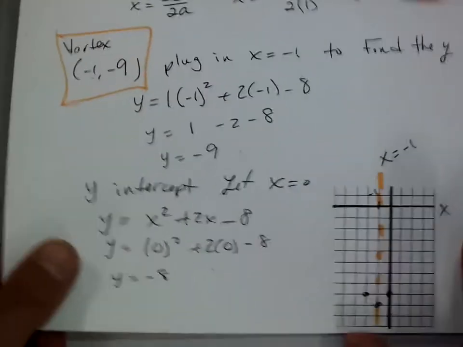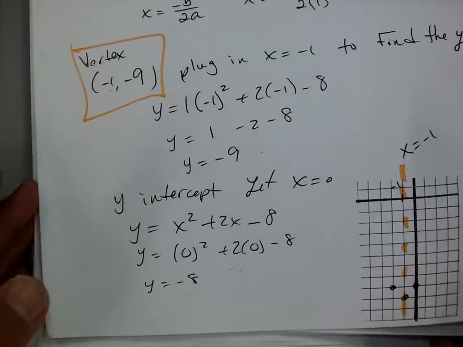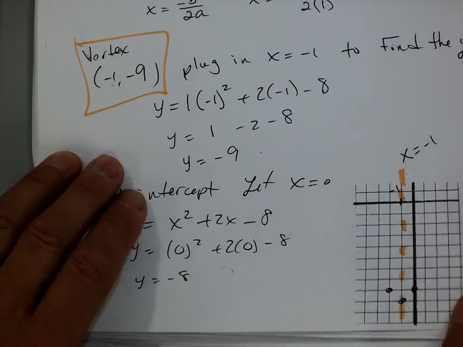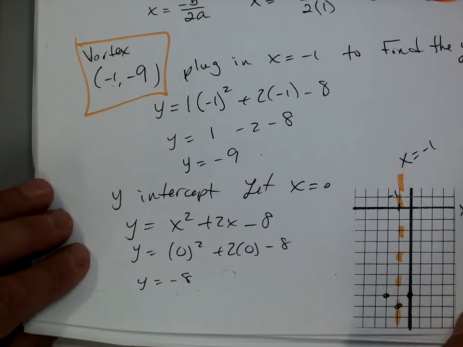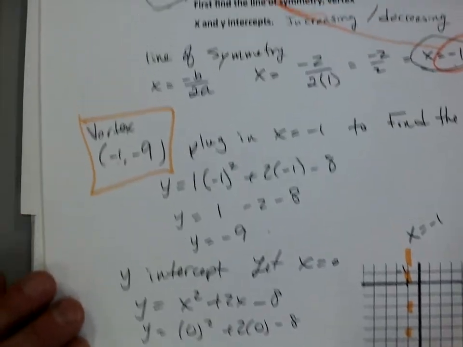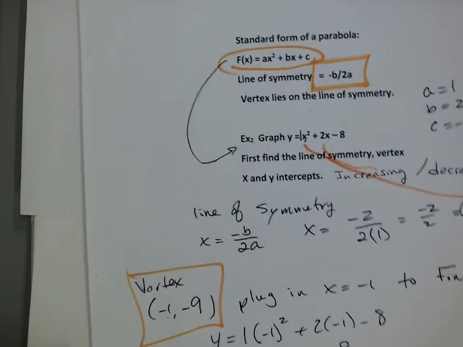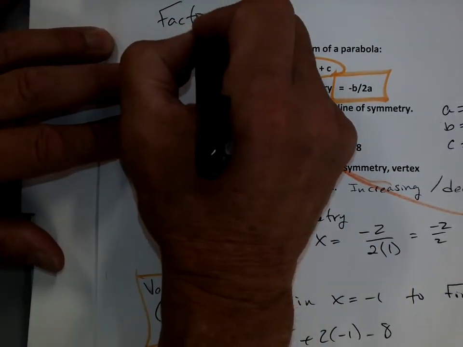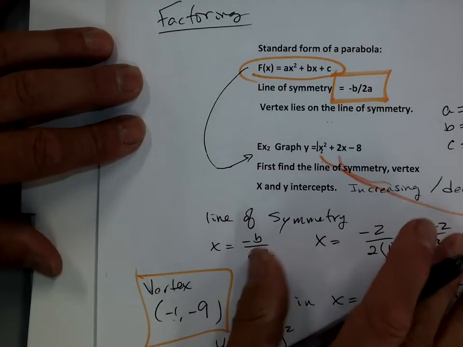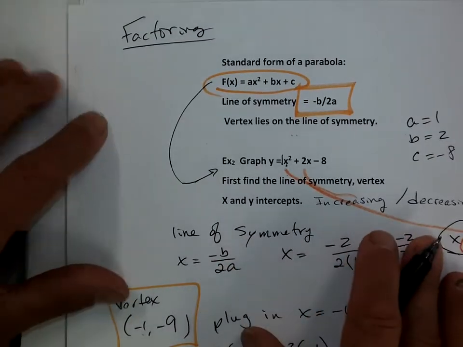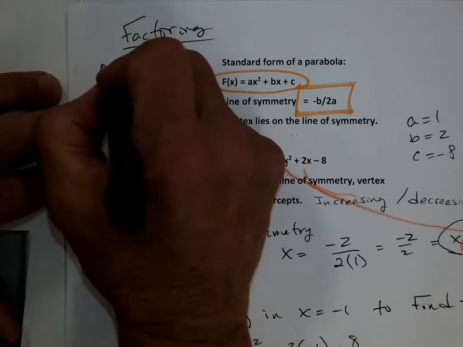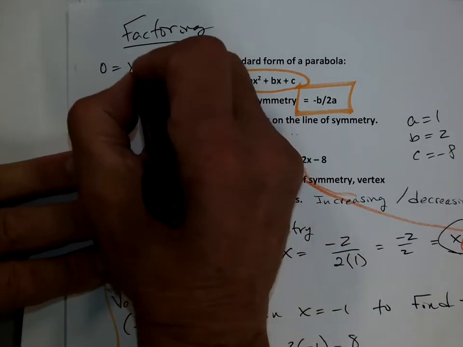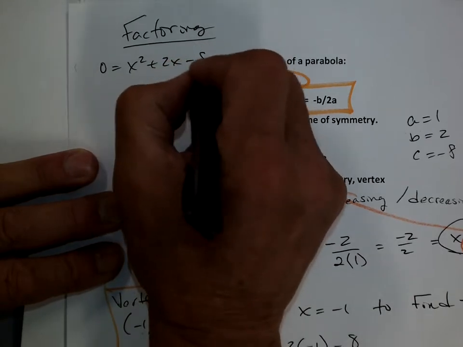Now, finally for the x-intercepts. Okay, I'm running a little out of room, but I'll slide it down. For the x-intercepts, it's going to take a little work. Last year we learned about factoring. We did. Don't say you didn't learn anything about factoring. So if we set y equals 0, we get 0 equals x squared plus 2x minus 8.